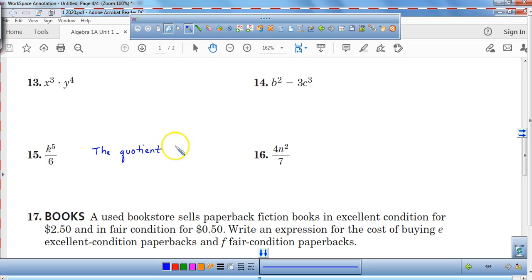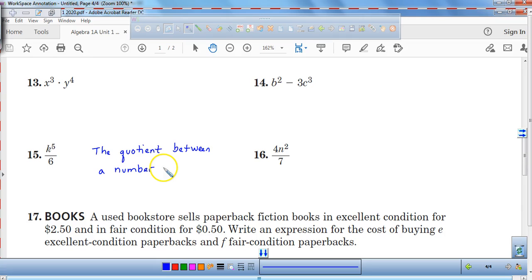You can hopefully see it. The quotient between a number raised to the power of 5 and 6.